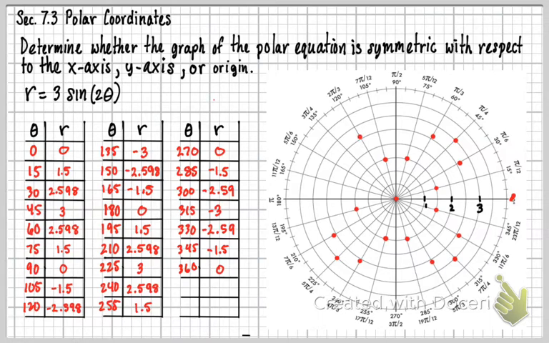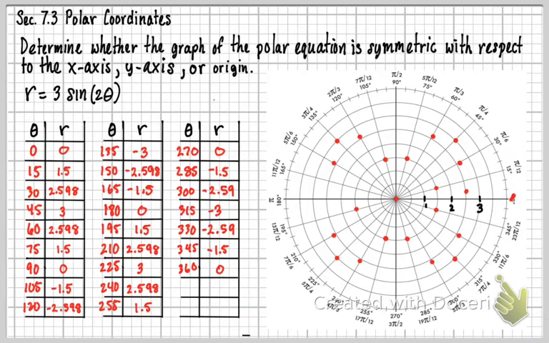And then at 315, if I shoot it through the other side, that's going to be at negative 3 there. And then at 330 degrees, it's going to be negative 2.59 again. I'll make it a little bit tighter there, okay?